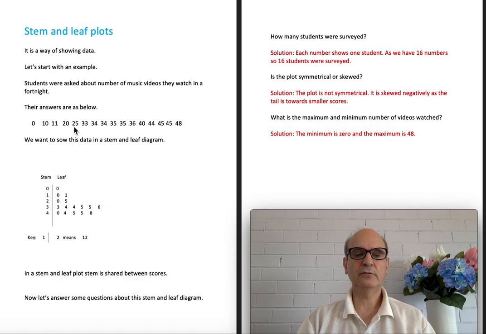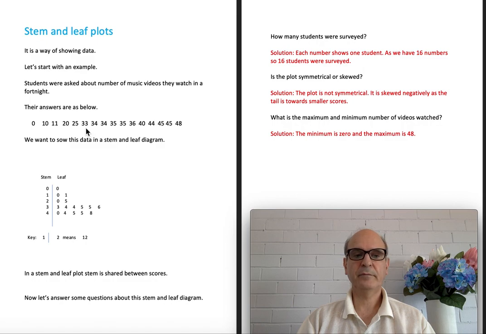So then to show 25, all I need to do is add a 5 on my leaf side. So that means 25. All right, we finish with 20s, now we go to 30s.